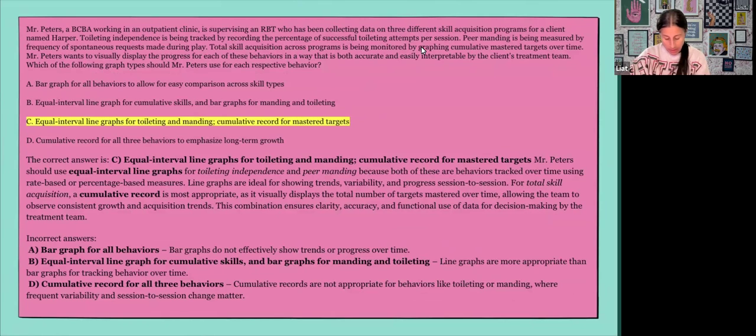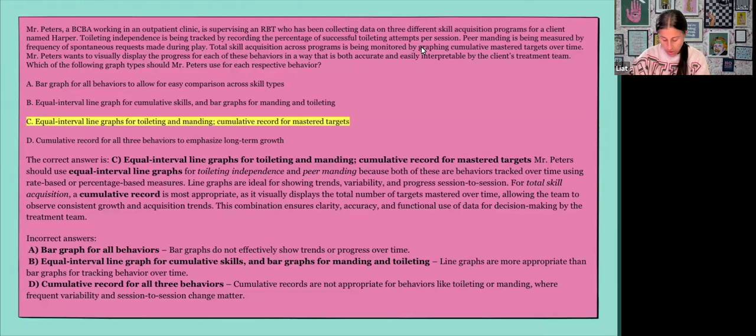Mr. Peters, a BCBA working in an outpatient clinic, is supervising an RBT who has been collecting data on all 3 different skill acquisition programs for a client named Harper. Toileting independence is being tracked by recording the percentage of successful toileting attempts per session. Peer manding is being measured by frequency of spontaneous requests made during play.